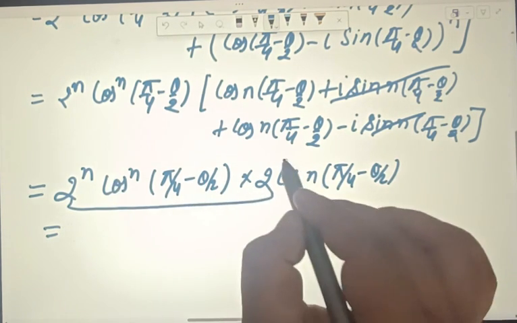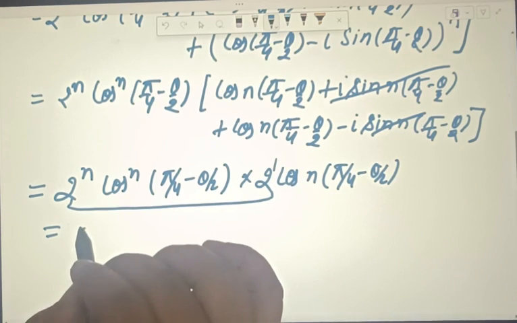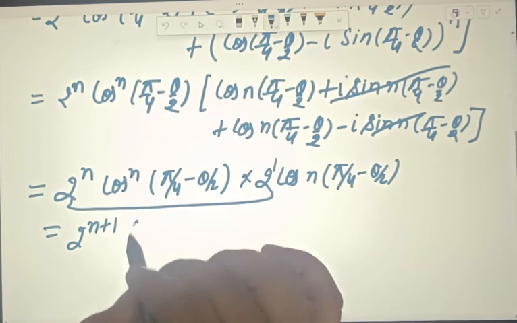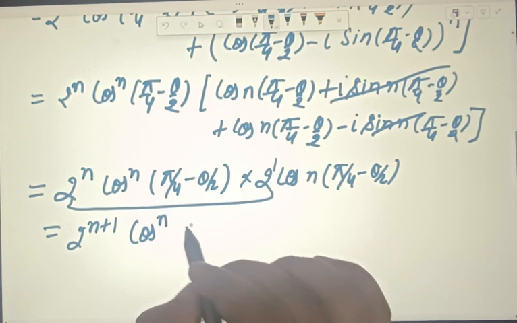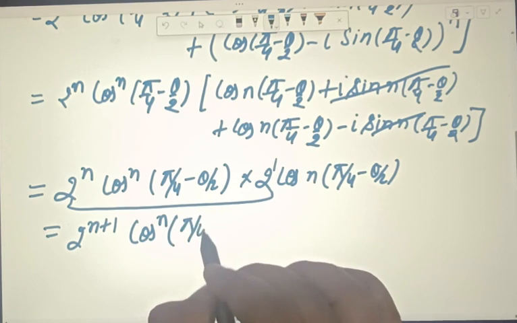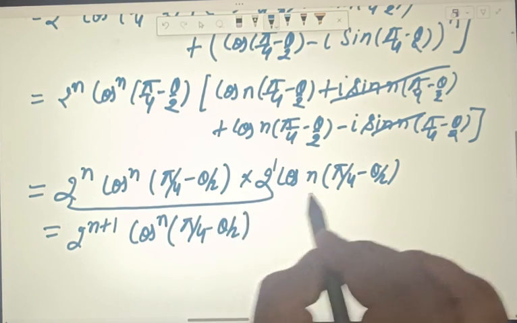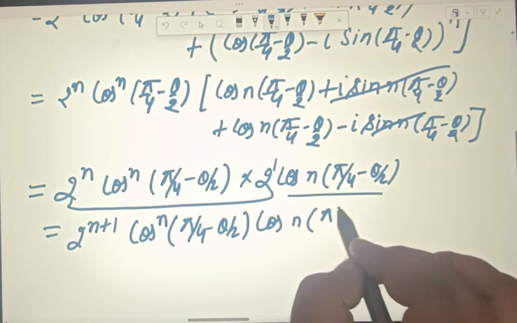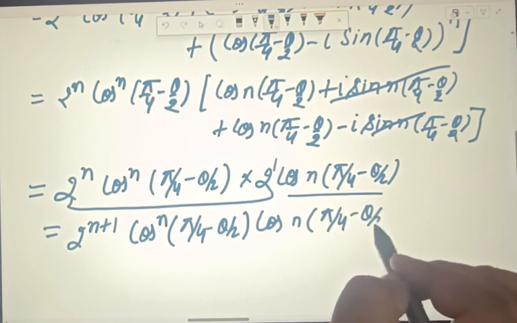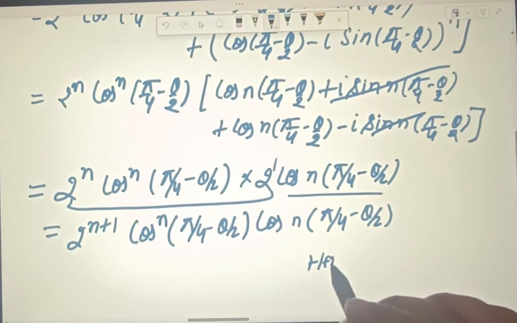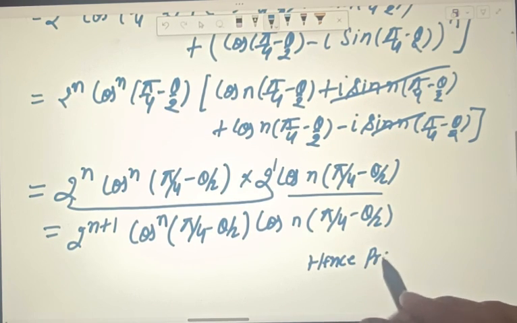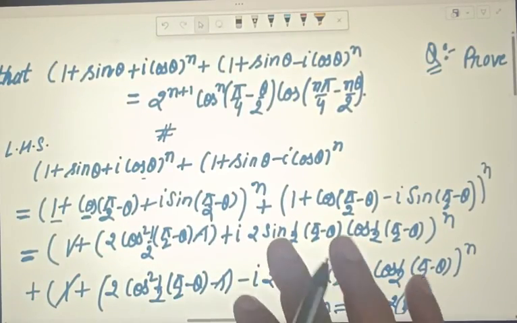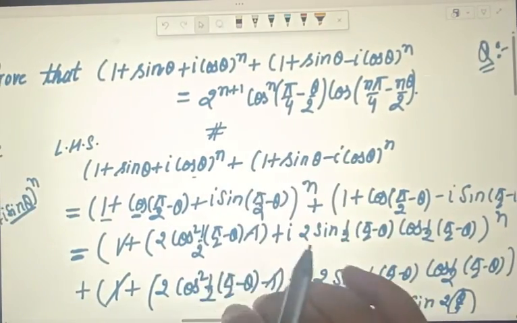There is a power of 2 to the power n, so you can write it in a collective form as 2 to the power n plus 1, cos to the power n(pi/4 minus theta/2) times cos n(pi/4 minus theta/2). Hence proved. So the solution is quite easy, we have just used simple steps here.